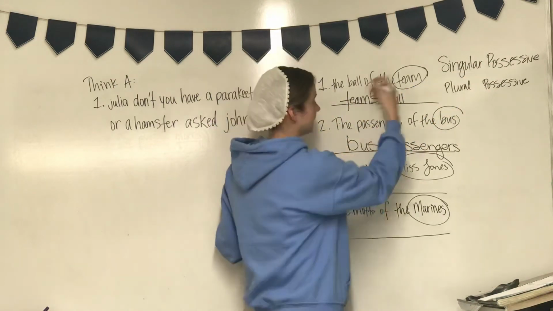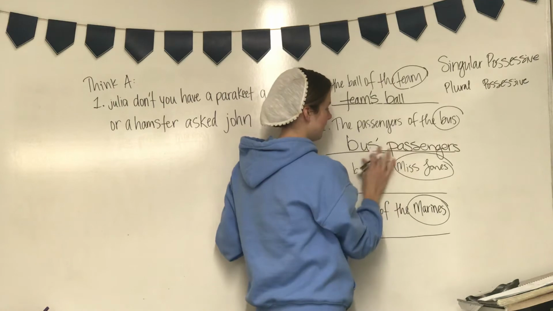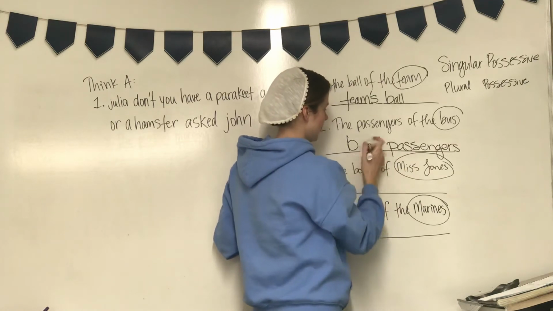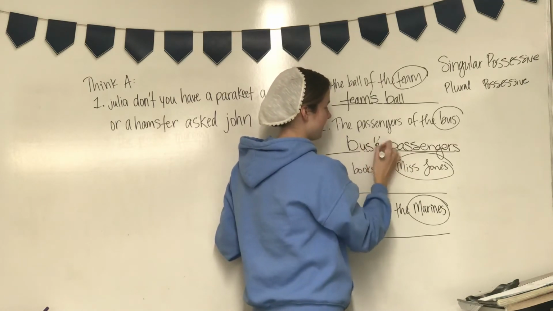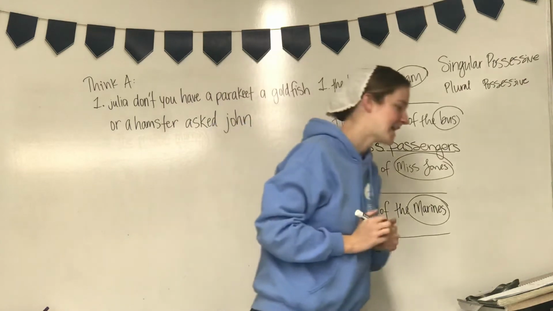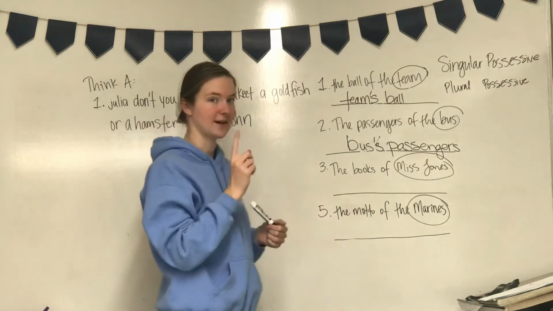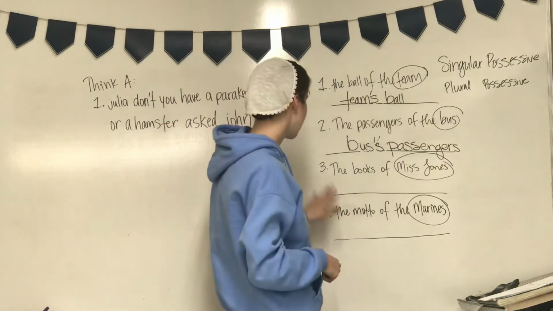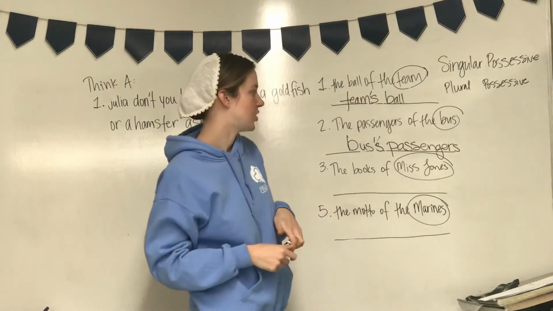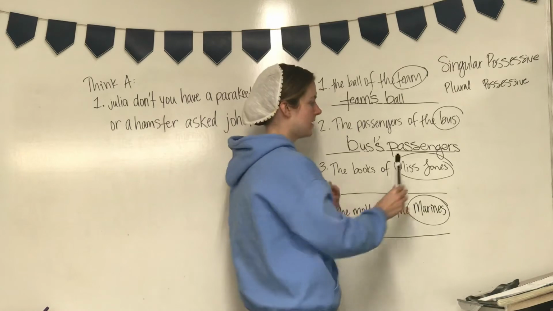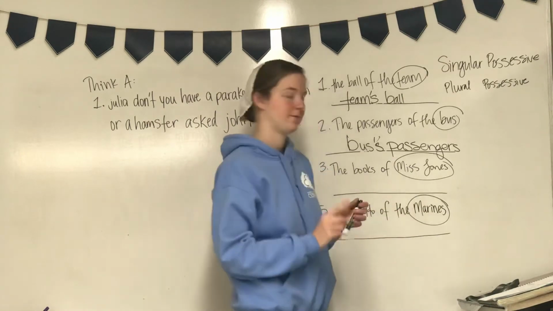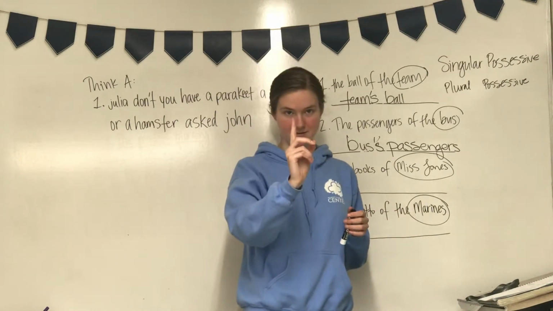So for singular possessive, we add, it's a little squished, we're going to add bus apostrophe S. It should look exactly like that. It's 1 bus with many passengers. Number 3, the books of Miss Jones. It's talking about one person.